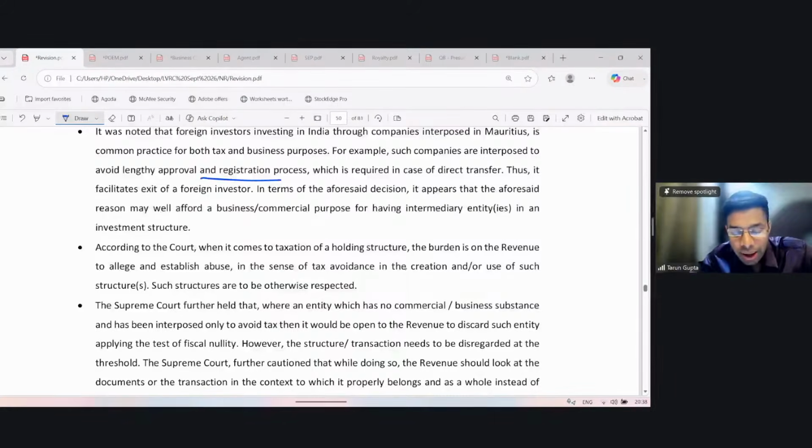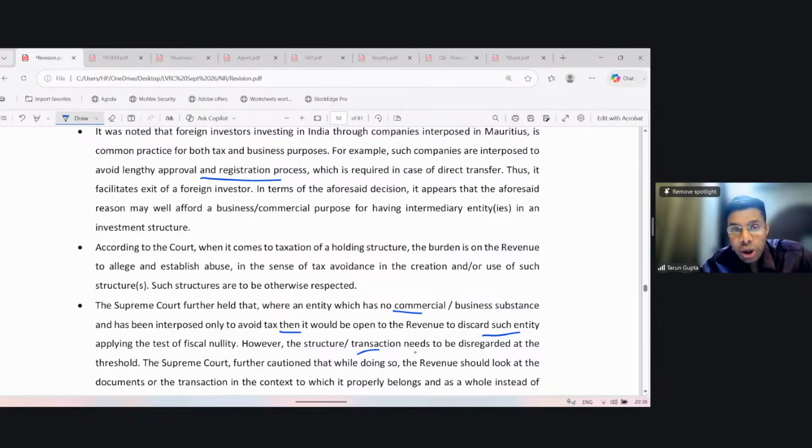The Supreme Court further held that where an entity has no commercial or business substance and has been interposed only to avoid tax, then it will be open to the revenue to discard such entity, applying the test of fiscal nullity.